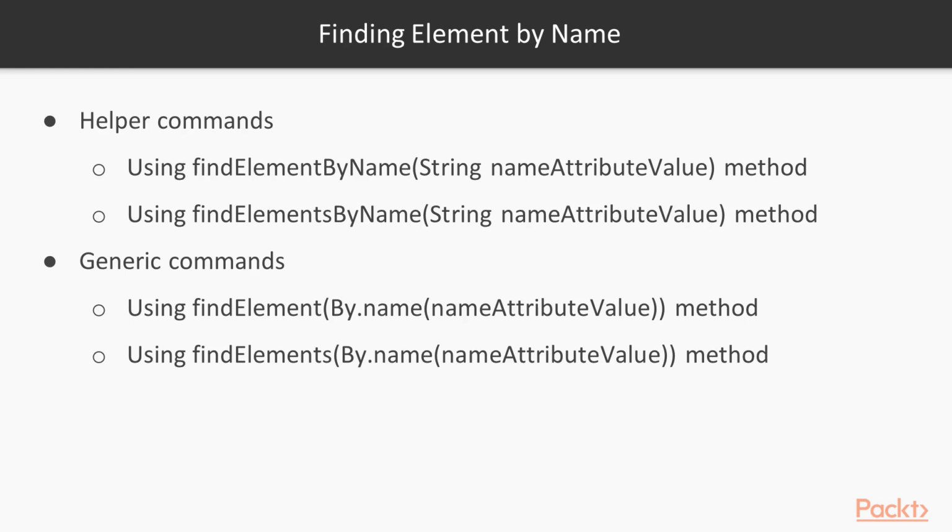Finding elements by name is also one of the easiest ways. The findElementByName and findElementsByName methods are the helper methods, which directly pass the name attribute value to these helper methods. The findElementByName method call returns a WebElement object and the findElementsByName method call returns a collection of WebElement objects.